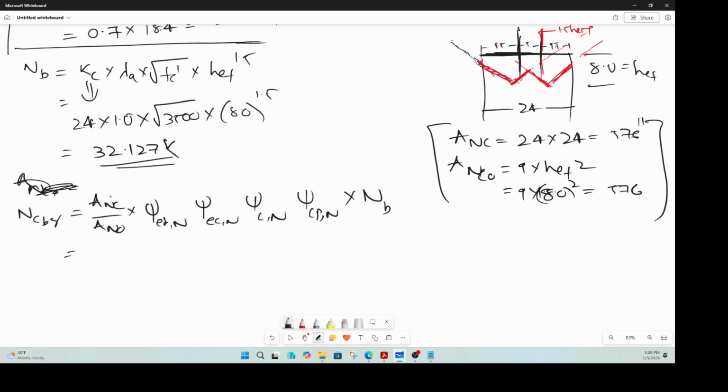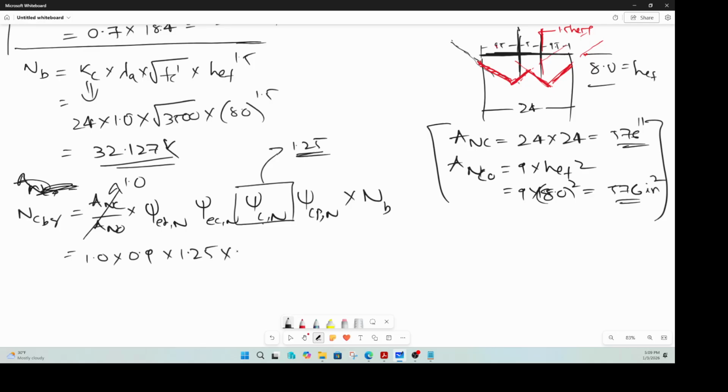So Anc over Anco equals 1.0 because both are 576 inch square. So 1.0 times 0.9, right, times 1.25. If you look at psi c, sorry, this fellow here for tension, in the code that is 1.25, not 1.4. 1.4 was for shear, right?